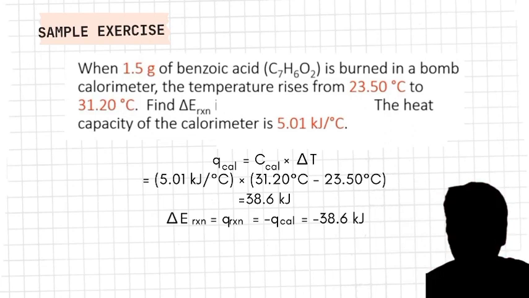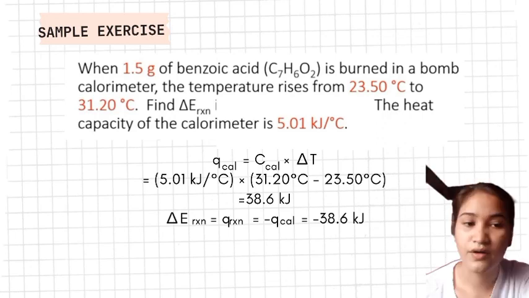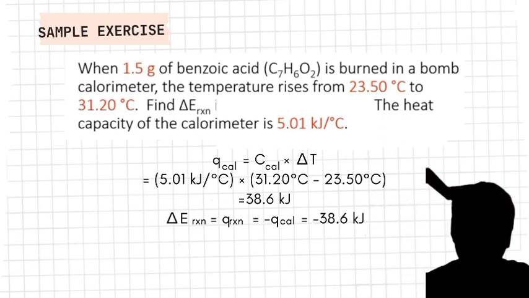Our heat of calorimeter will be 38.6 kilojoules. We can now solve for delta E reaction, knowing that it is equal to our heat of reaction, which is also equal to the negative of our Qcal. So our heat of reaction is negative 38.6 kilojoules.